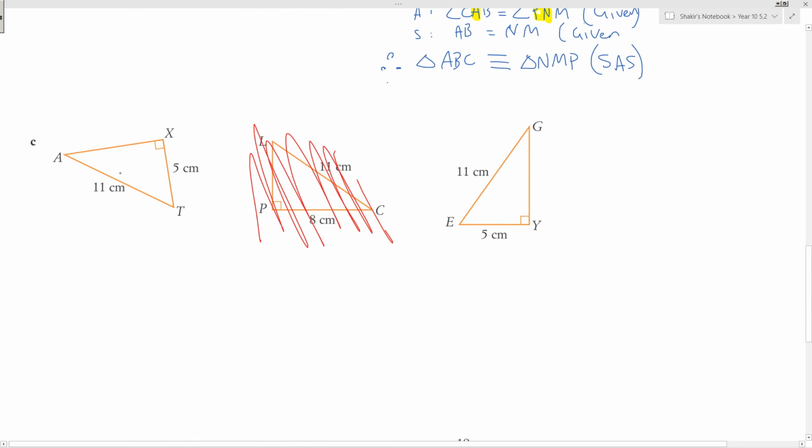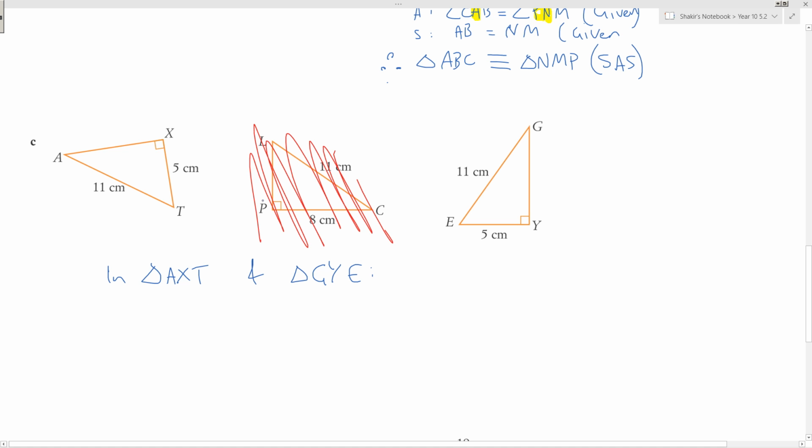So I'll do another one fairly quickly, hopefully. That's RHS. So I'll write in triangle AXT and triangle GYE. X was the 90-degree angle, so I'm just going to write Y here, and then I'll write E. And then I'll write my first line.